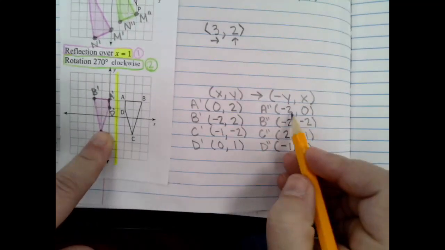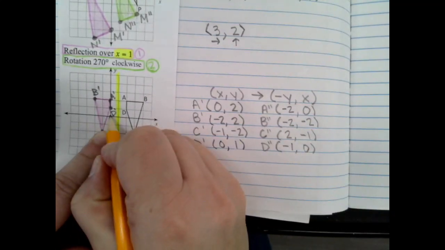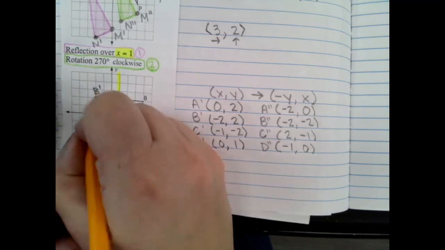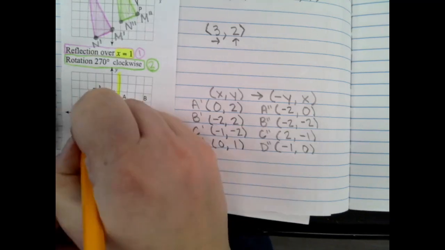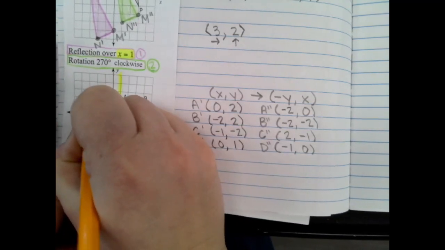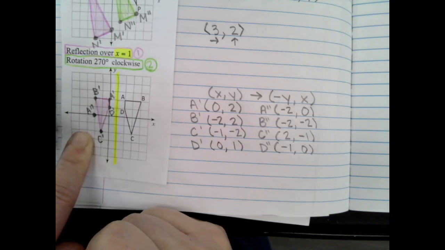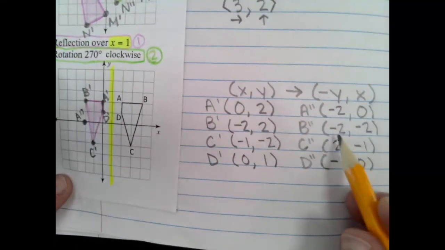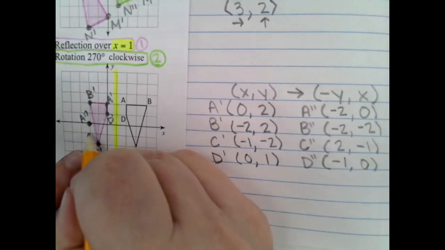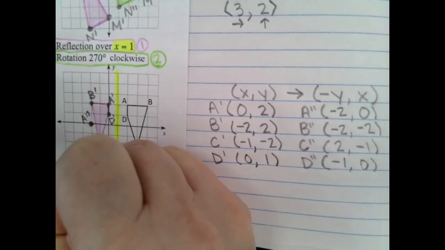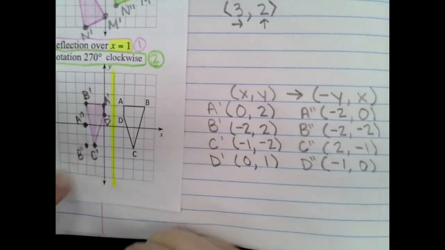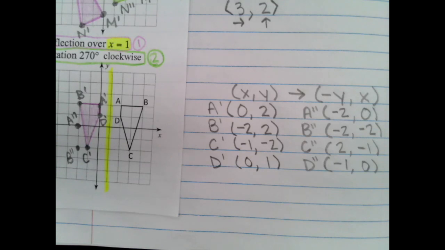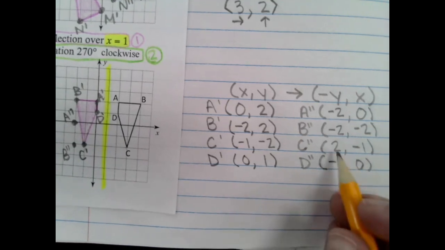So we have negative 2, 0. So that would be left 2. That's going to be our A double prime. Negative 2, negative 2. So left 2, down 2. That's going to be our B double prime. 2, negative 1.